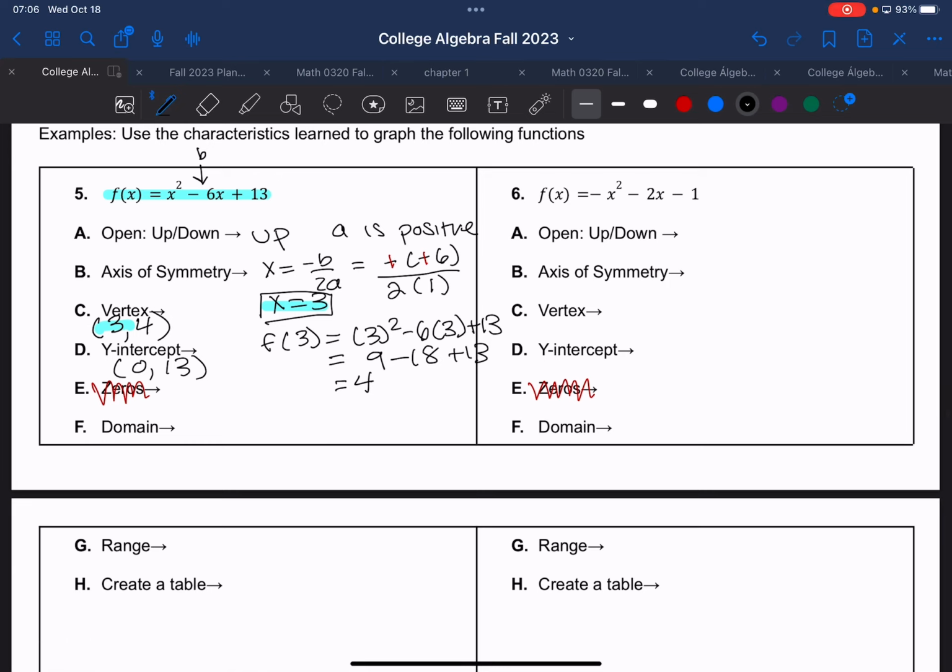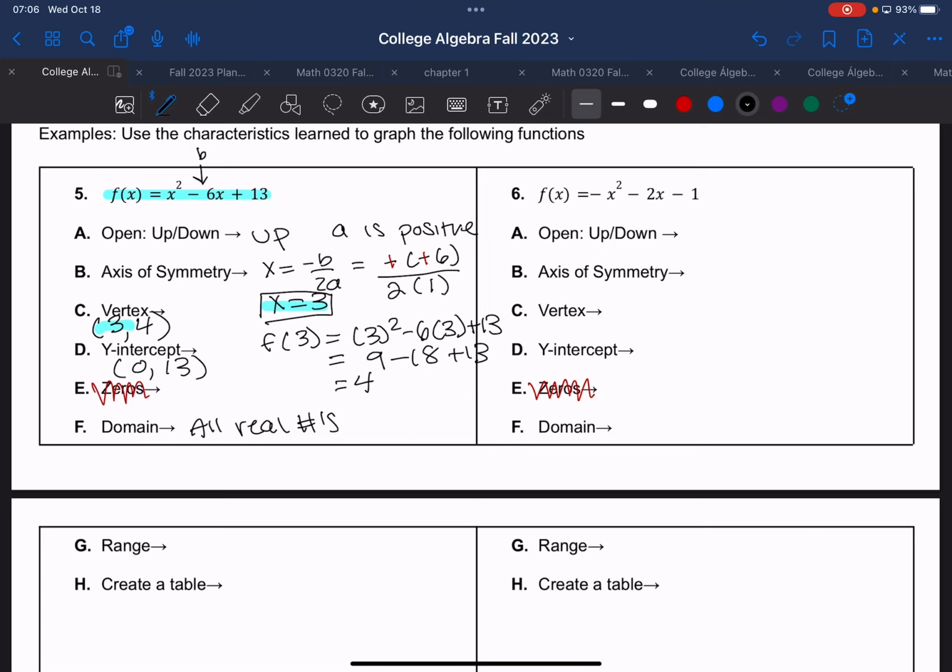The domain we know is what? Always all real numbers. Okay? And the range: since this parabola opens up, we're looking from the minimum to the tallest point. Remember that range is always going to consist of the y value of the what?